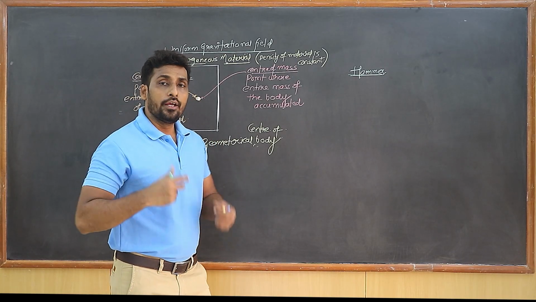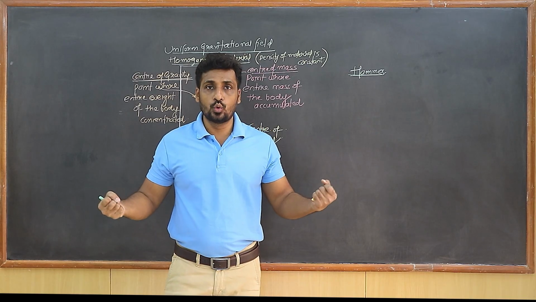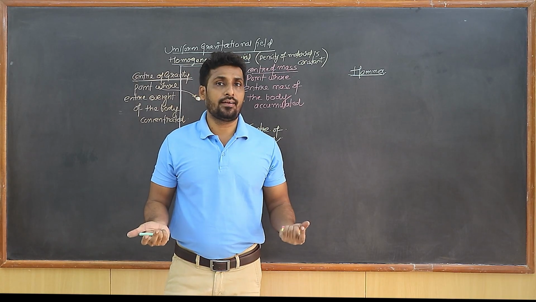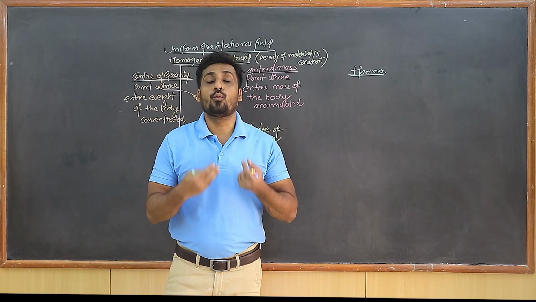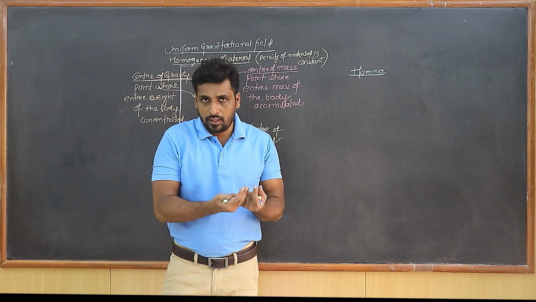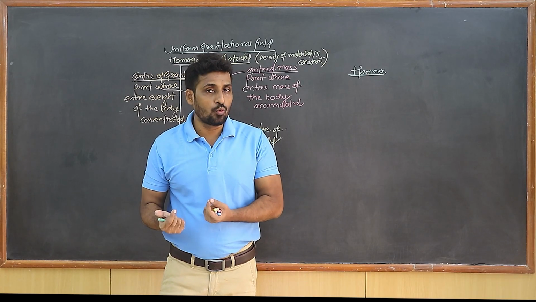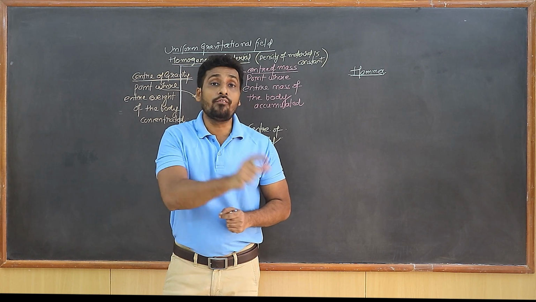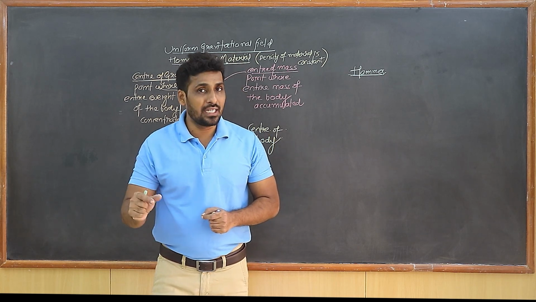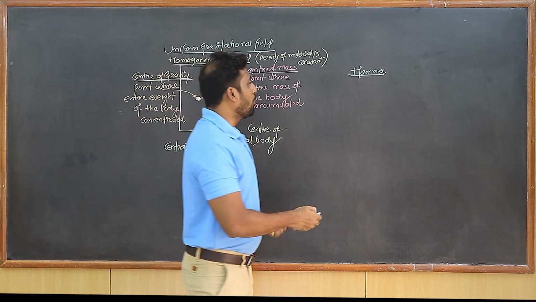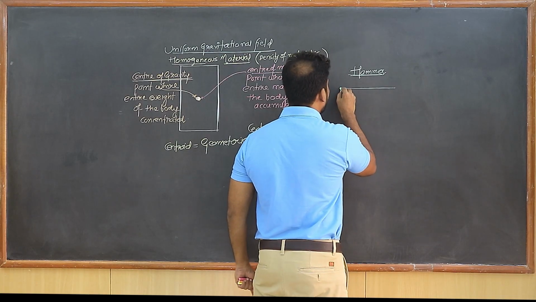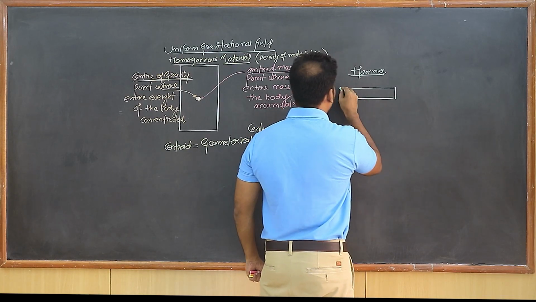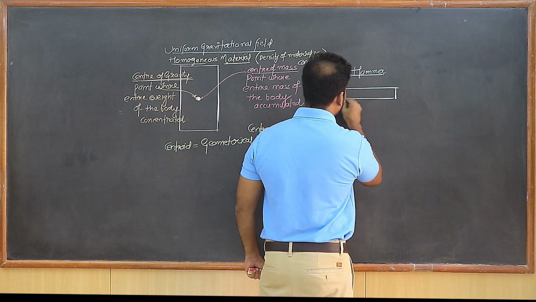Now, if you separate these two and you weigh them separately, where do you find more weight? You will definitely observe that the iron piece is heavier than the wooden stick, isn't it? So students, I'm going to make a T shape over here. The hammer is actually a T shape.